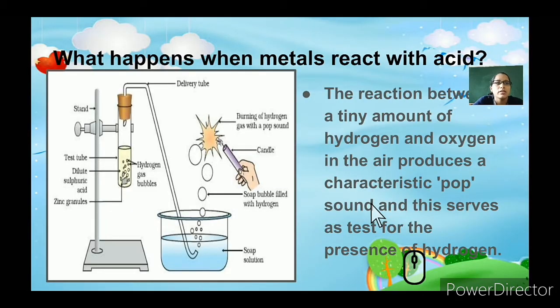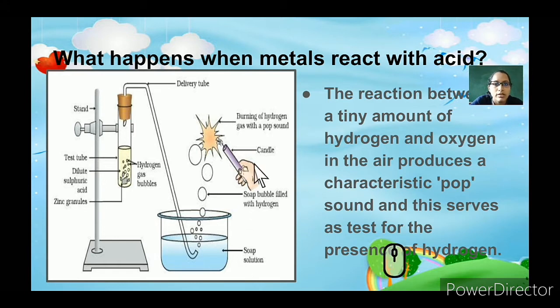To understand if metals react with an acid, there is an experiment. Here you use zinc granules in a test tube and add dilute sulfuric acid. You seal the test tube with a cork, and a delivery tube passes through soap solution.